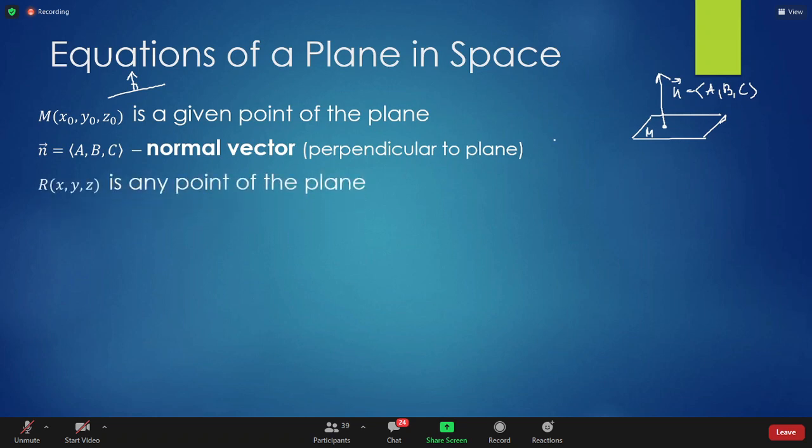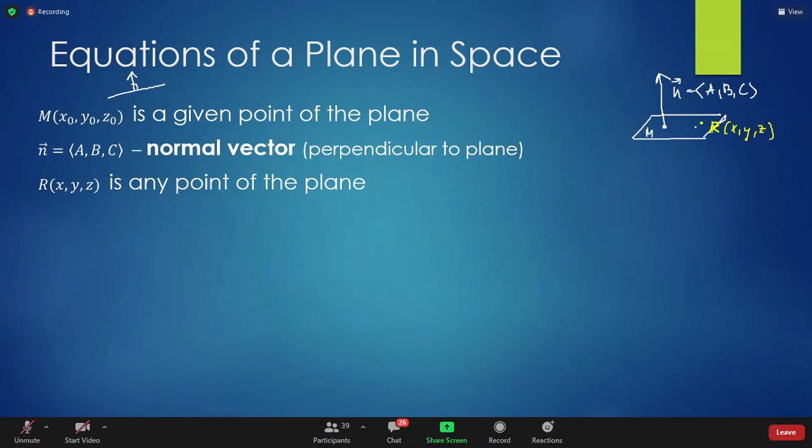And we will say that R is just any point in the plane, with general coordinates x, y, z. The current point, or the running point, we might say, is the point in the plane.